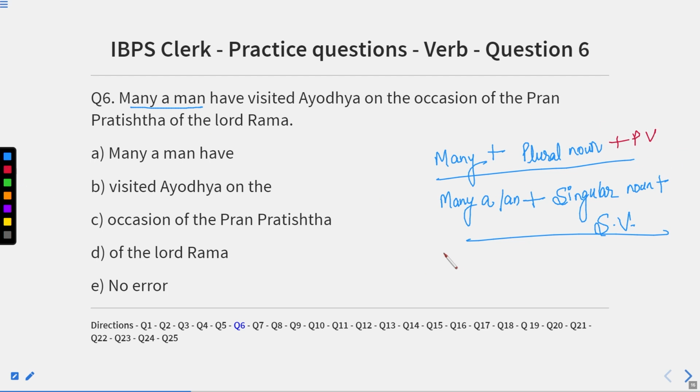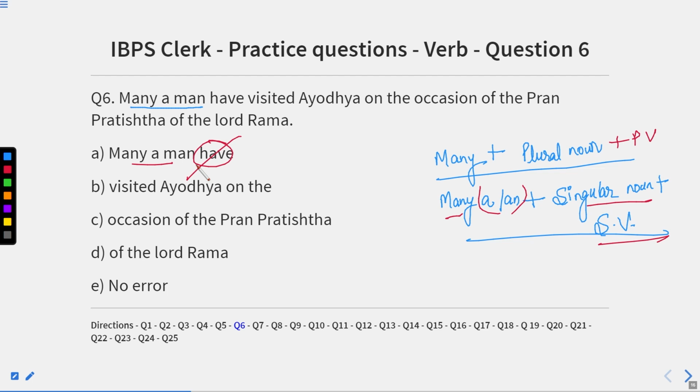But whenever we have the structure "many a" or "many an", it is followed by a singular noun as well as the singular form of the verb. "Many a" and "many an" behave like the words "each" and "every". So basically it behaves like "every". Therefore, here it is written "many a man have".